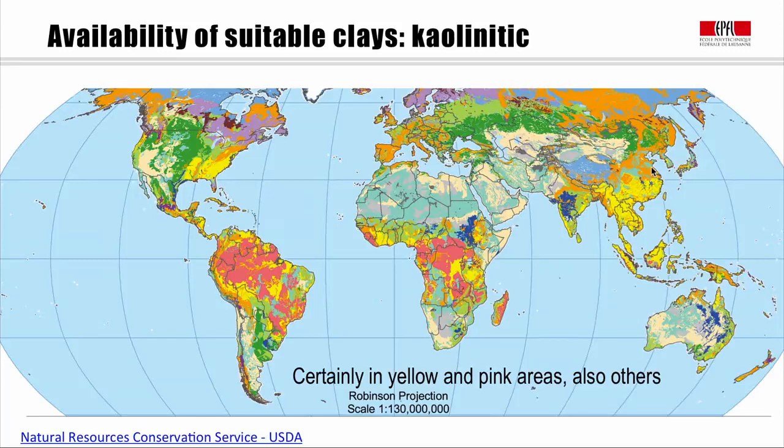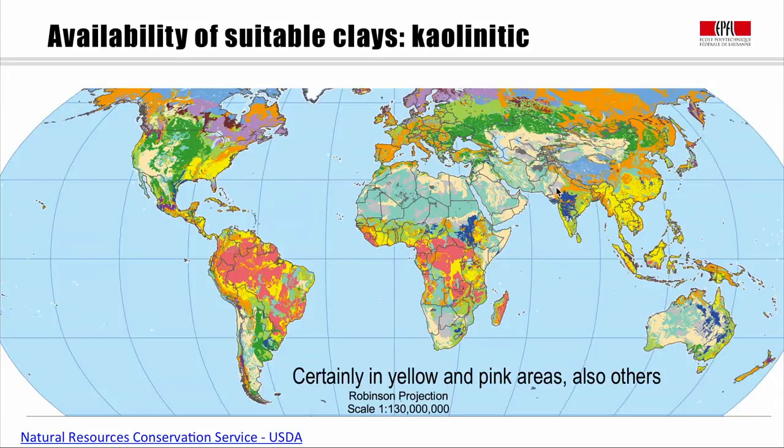And we see that this is really very, very widely available in this central equatorial subtropical region going through China, Southeast Asia, India, Africa, and Latin America. And in fact, we've seen in India, where we've made much more detailed studies, that suitable clays are not confined only to these yellow and pink regions, but we actually have very large amounts of suitable clays.